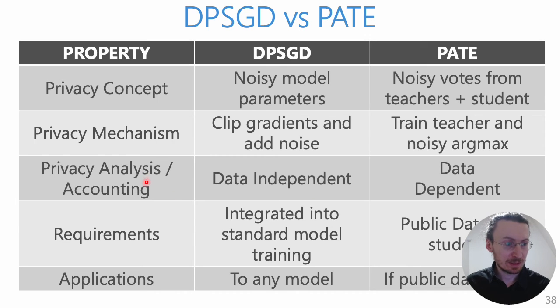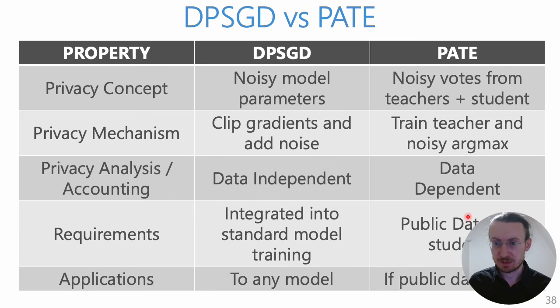Then another aspect is that DP-SGD, in terms of privacy accounting, is data independent. So depending on what kind of data we use to train the model, we have the same privacy accounting. However, in PATE, we have data-dependent privacy analysis, which means that our final epsilon value depends on what kind of queries we used, for example, in this public set in PATE.